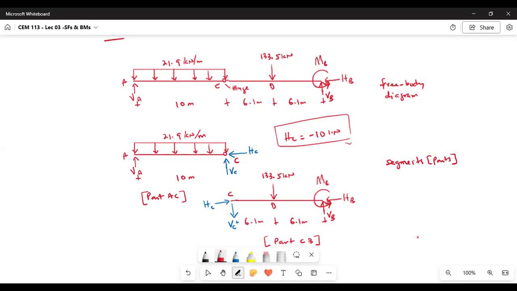So when you now finish everything, there is what I'm calling the overall check, which means now come to the free body diagram here and use sum of forces in the y direction. Sum of forces in the y direction is equal to 0.